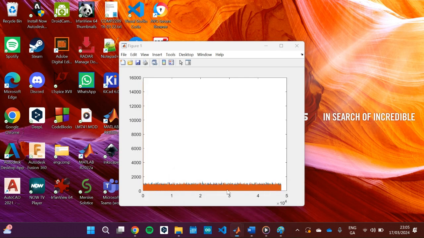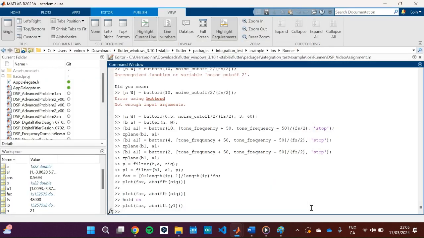Now you can see they're both there. There isn't much difference visually, but you can see that there are two there. I'll quickly label the axes anyway. I did think that there'd be more of a difference between the two.